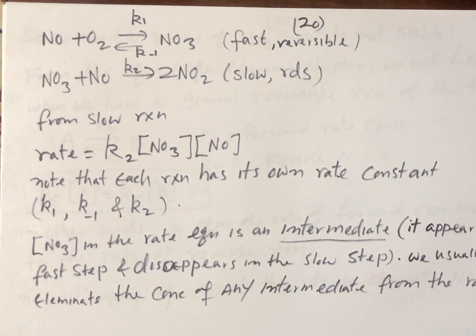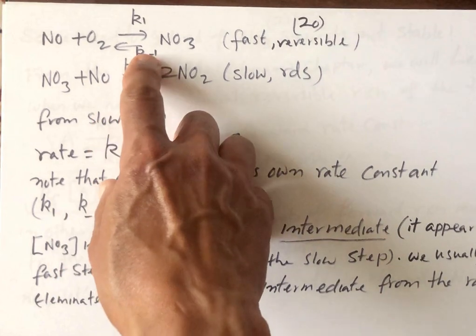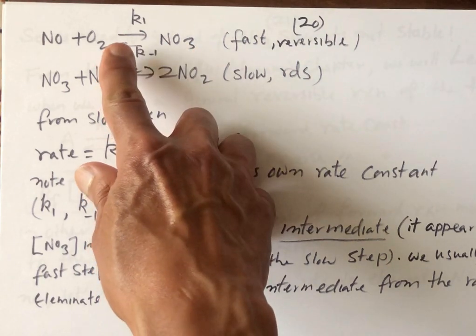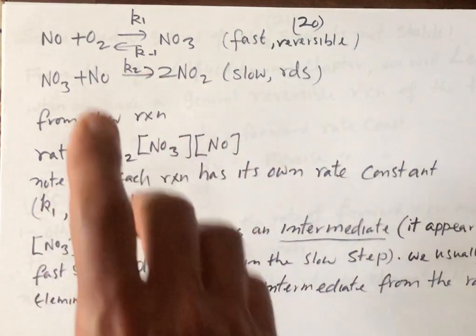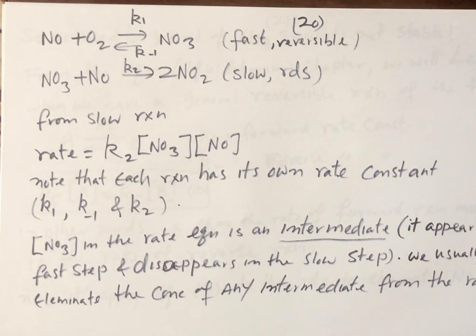So for reversible reaction, we have a K1 for the forward reaction and K minus 1 for the reverse reaction. And then for the next one, we call it K2. Because each reaction has its own specific rate constant. Okay? Now, from the slow reaction, which is the rate determining step, we write the rate law.